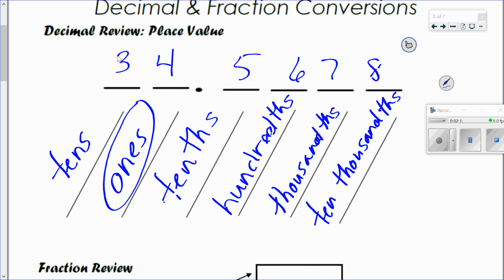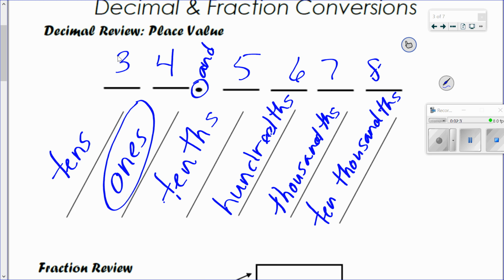So when I'm actually saying a number, what do I say for the decimal point? Nope. I want to get away from that. It does not say point. In proper mathematical terminology for the decimal point, we're going to say the word and. That tells me I'm now continuing into decimal places, okay?